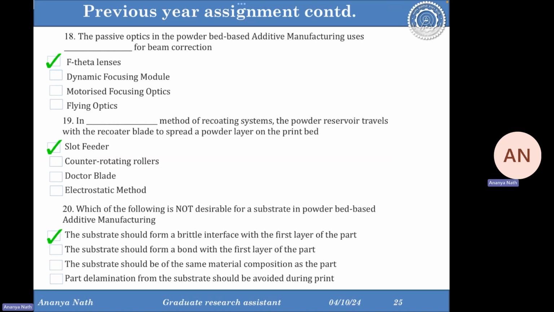Part delamination from the substrate should be avoided during printing. Obviously, this is also the effect of choosing materials with different heat conductivity. So that's why we go for a material with the same heat conductivity as the printing material. To not waste much brainstorming, we just go for the same compositional plate.